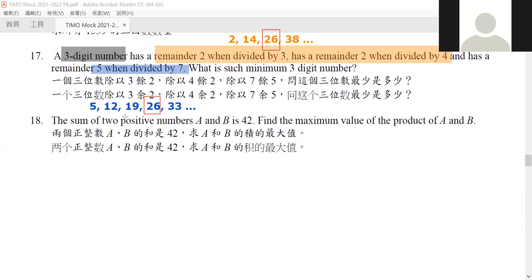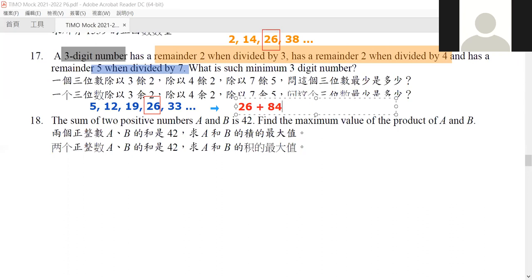So now here comes the base case. Once we get the base case, we know that our answer must be 26 plus something. That thing is a common multiple of 3, 4, and 7, which is 3 times 4 times 7, equal to 84.